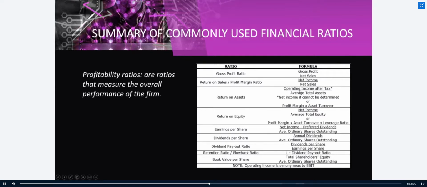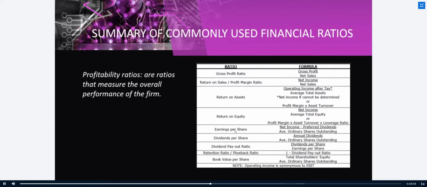All right. Of course, we also have other ratios here. Earnings per share. Remember, in a corporation, there can be two types of shareholders. One is the common shareholder, and the other one is your preferred shareholders. Preferred shareholders get preference in terms of dividend payments.